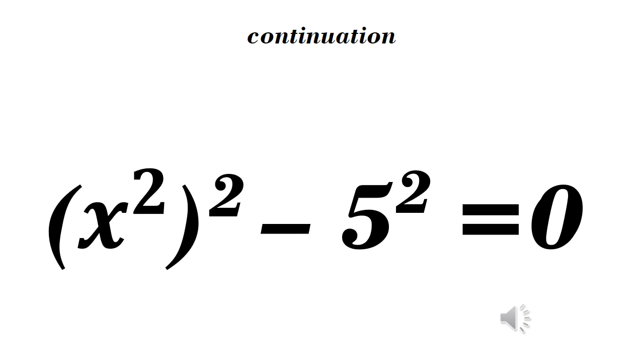In another way, what we have just done is to take that 5 squared on the right side, the plus 5 squared, to the other side, and it becomes minus 5 squared. Then everything equals 0. So that's why we have x squared in a bracket, another square, minus 5 squared equals 0.